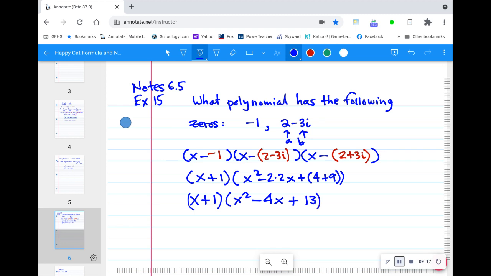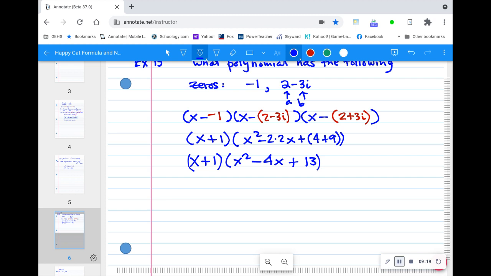Okay, and at this point, we don't have any of the complications of the top part. So we're just going to multiply this out. We'll distribute the x all the way down first. That'll give x cubed minus 4x squared, and then x times 13, or 13x. Then we distribute the 1 all the way down.